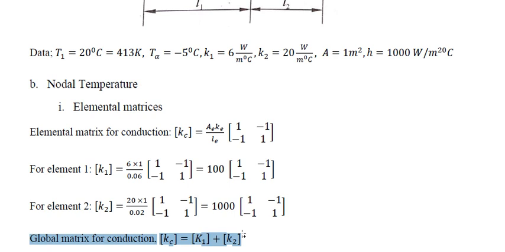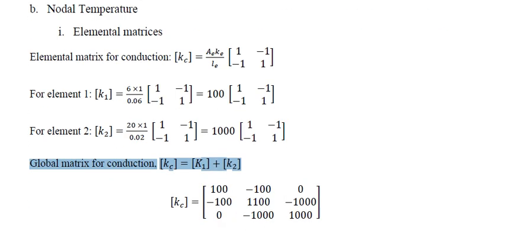Now the global conduction matrix, only for conduction, will be K1 plus K2. We have to consider the degrees of freedom. For element 1 the degrees of freedom are 1 2, and for element 2 they are 2 3. The total degrees of freedom for the entire geometry is 3.